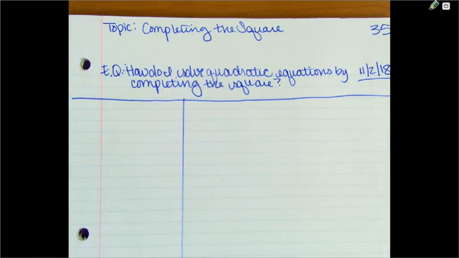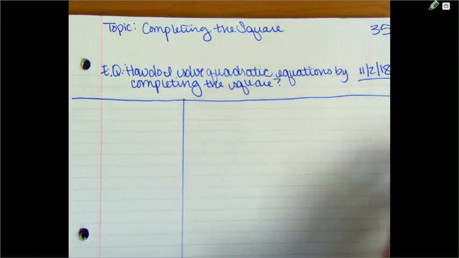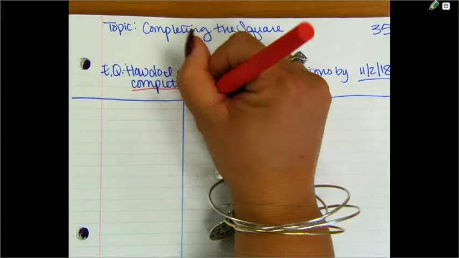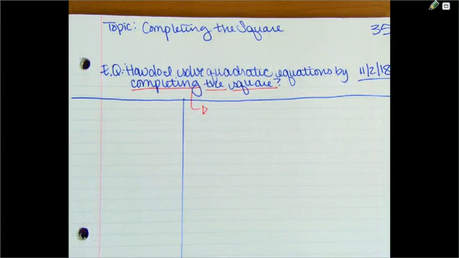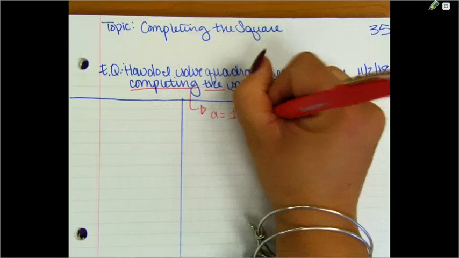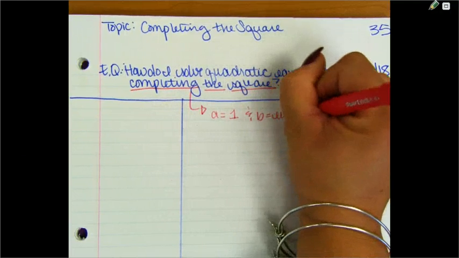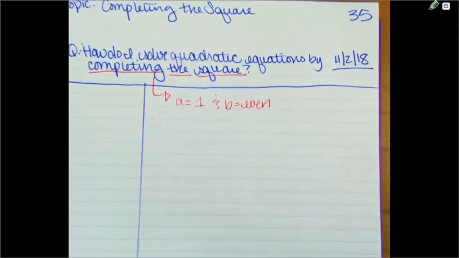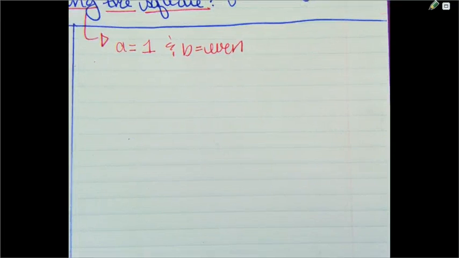Okay, let's make a little note for completing the square. When do we complete the square? I only care about you completing the square in 1 option: when A is 1 and B is even.